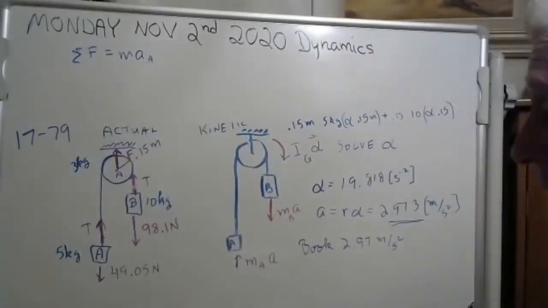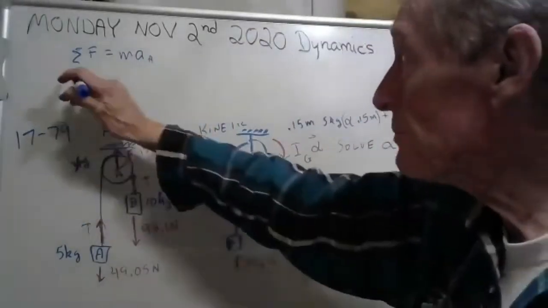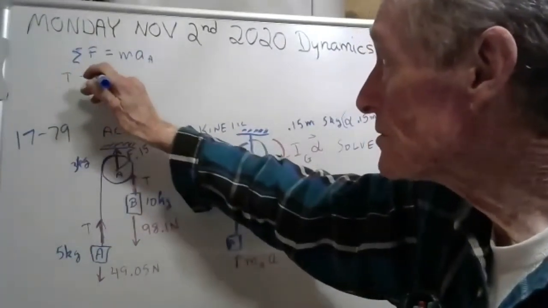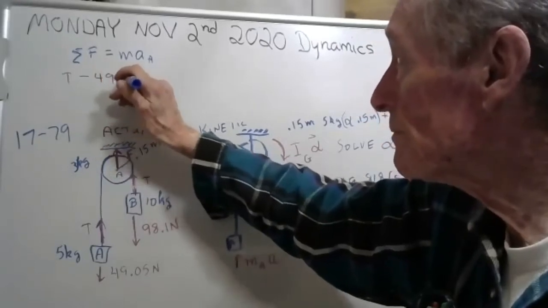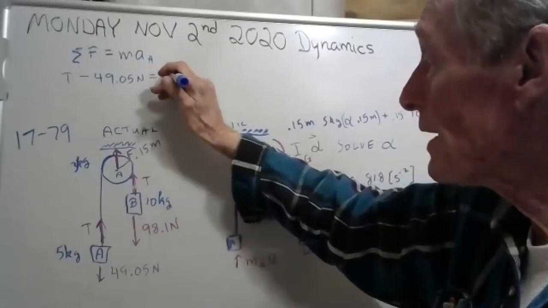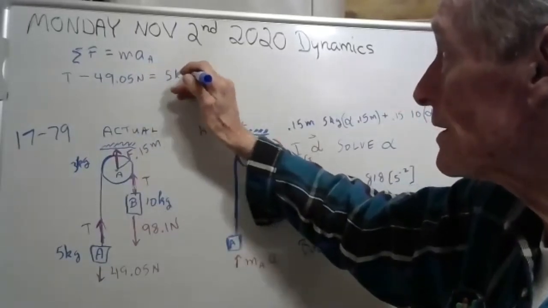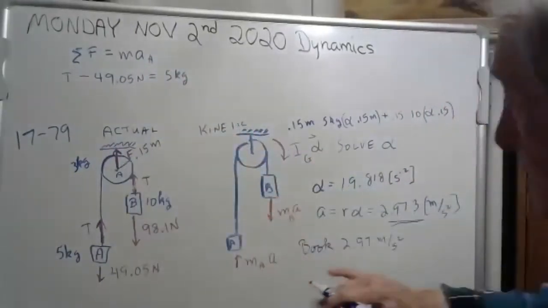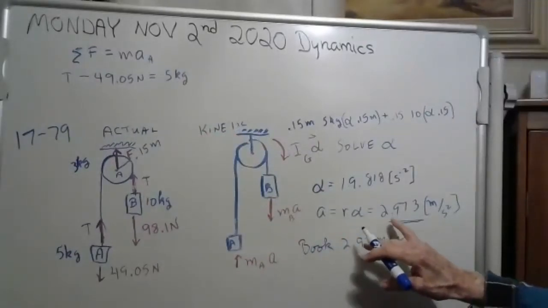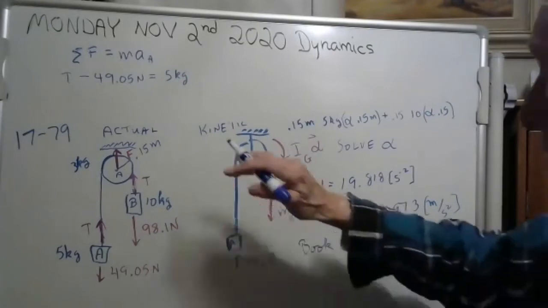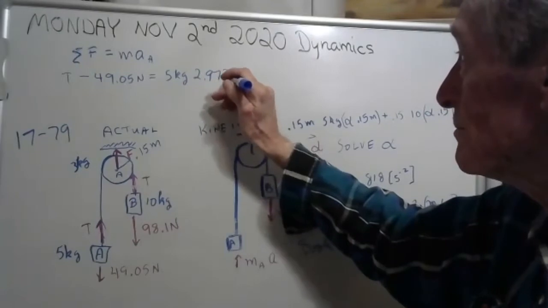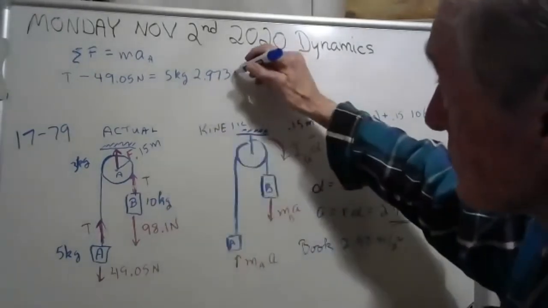Well, for body A, we've got tension going up minus 4905 going down equals the mass, 5 kilograms, times acceleration, which we've already done. We know the acceleration is 2.973 meters per second squared.